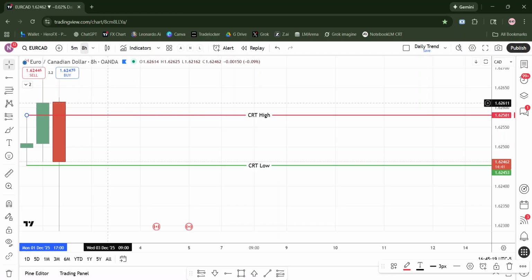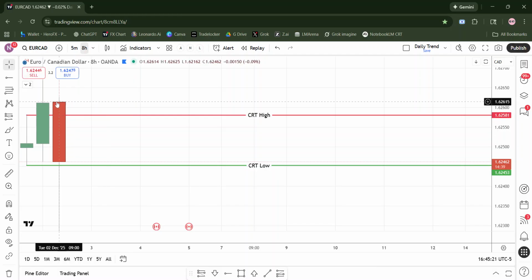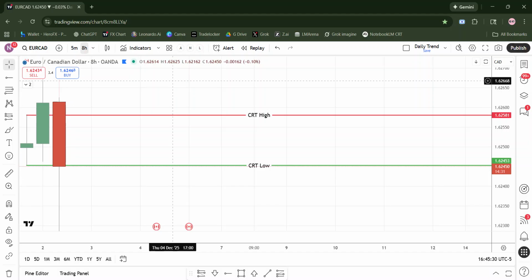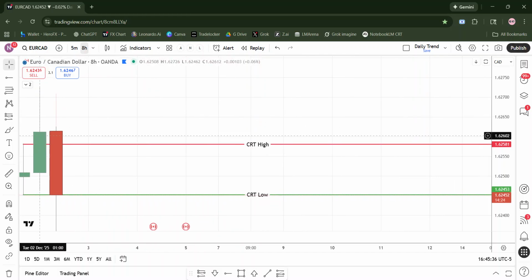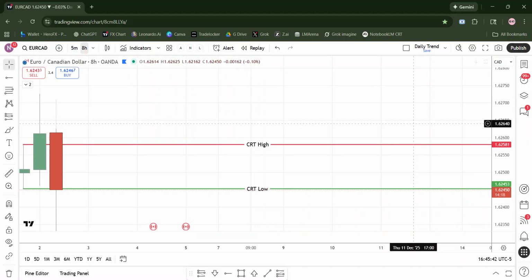So when that 9 a.m. came around and opened, it only opened 3 pips above the 5 p.m. range high. So in this case, I would have been okay to take it on the other side. And if it had closed like all the way up here, like a 20 pip breakout, then no, I'm not taking that. But if it was what some people call a false breakout, I say anything less than 10 pips is prime suspect for a false breakout.